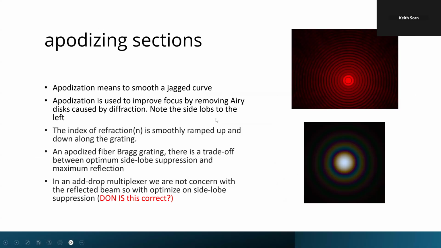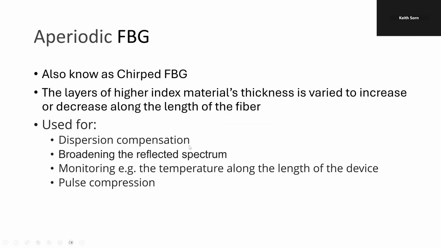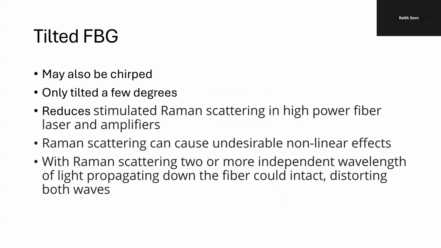If we want to widen that bandwidth, what we're going to do is use an aperiodic fiber Bragg grating. We can use it to monitor temperature along the length of the device. And when we talk about lasers, we're going to talk about pulses of light traveling down the fiber. And it is better if the pulses are nice and compact. Well, the aperiodic fiber Bragg grating can compress a laser pulse.